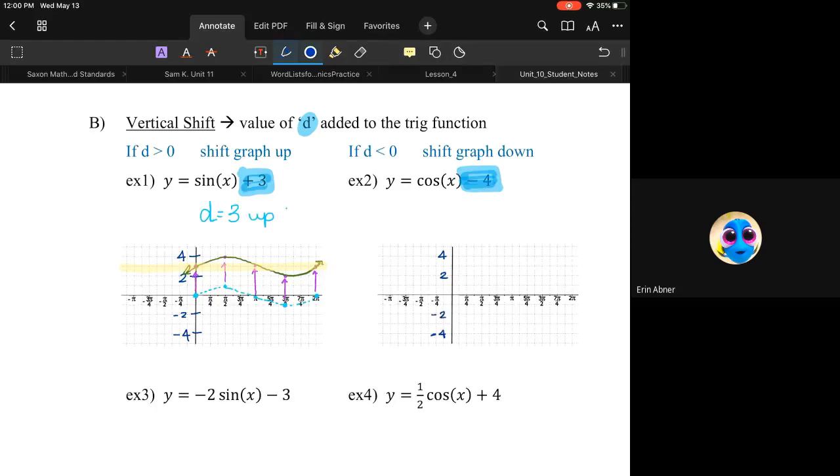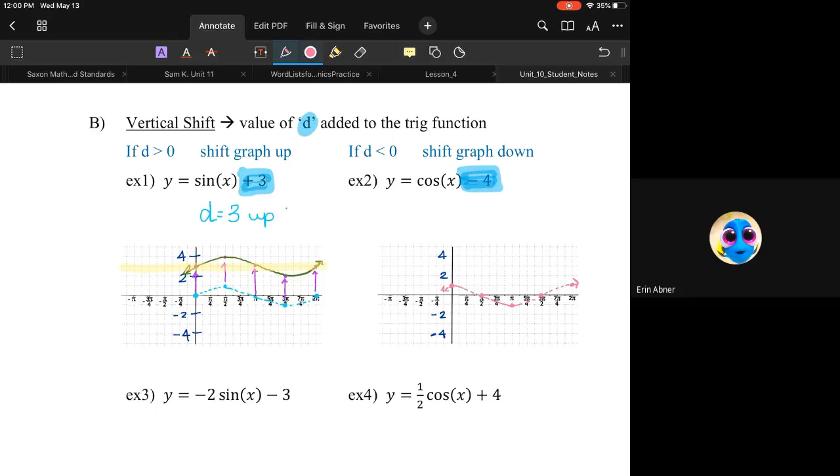Then I'm going to graph my cosine function, my original function. So that's the one I'm going to graph in that pinky color. So it starts at 1, goes down to 0, goes down to -1, goes back to 0, and goes up to 1. So there is my original cosine function.